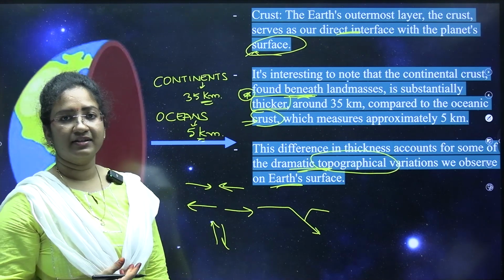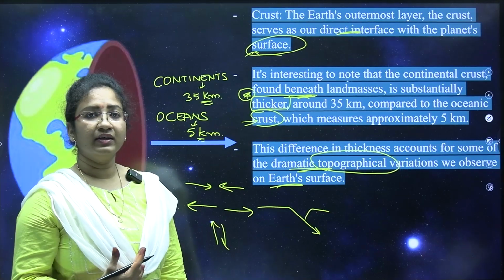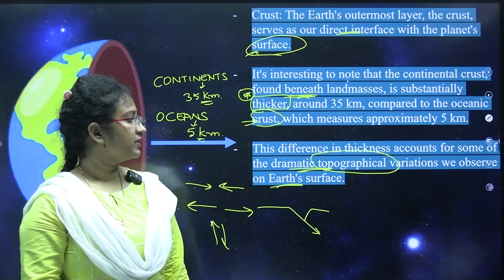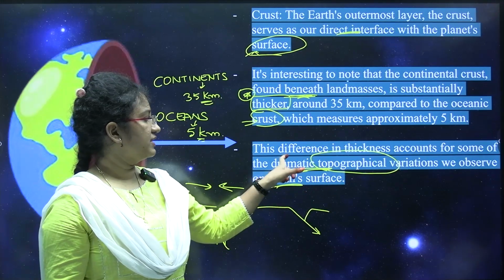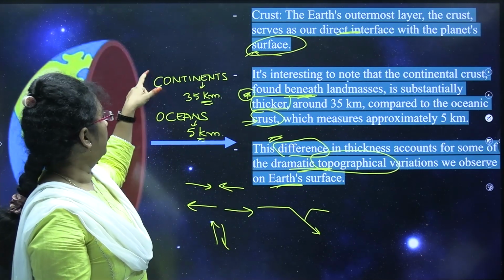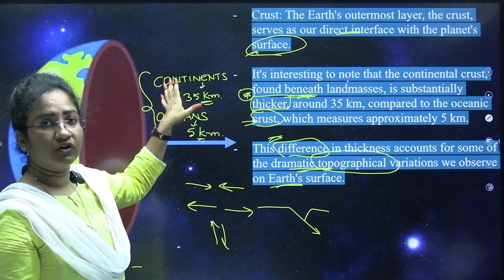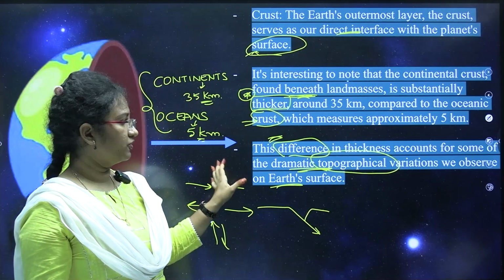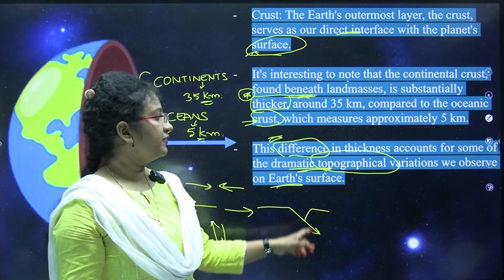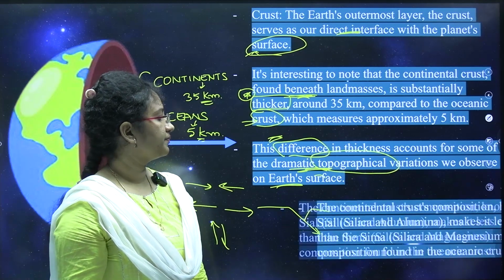On the Earth's surface, there is a lot of diversity in everything, and in our topography also there is a lot of diversity, right? This diversity is also because of this difference in the thickness of the crust under the continents and oceans. It also contributes to the topographical variations that we observe on the earth's surface, right?